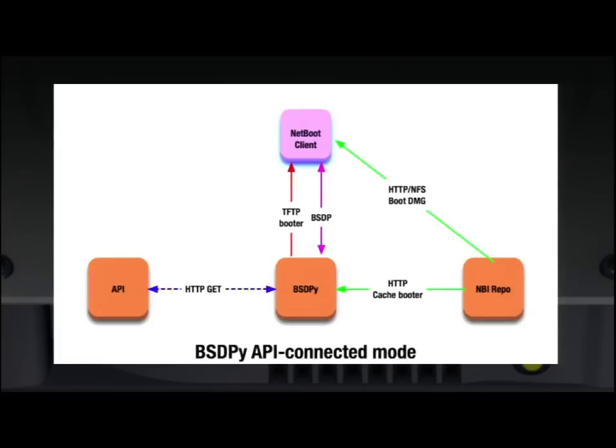The BSDPy instance then sends the info to the client on where to get what. In this case, the TFTP booter is coming from the BSDPy server itself, and the HTTP or NFS boot disk image is coming from an NBI repo somewhere else. This can be a single host, this can be a clustered setup. It just depends on how many clients you think you need to serve.